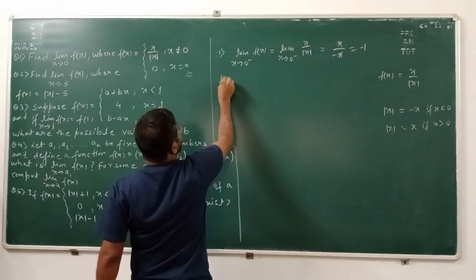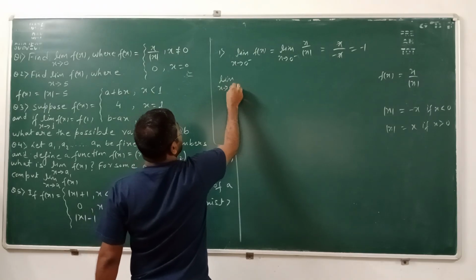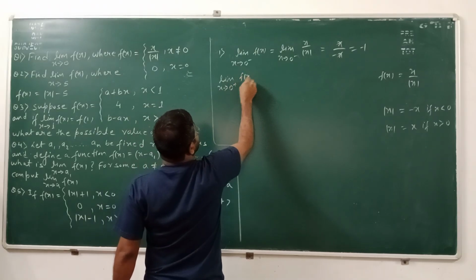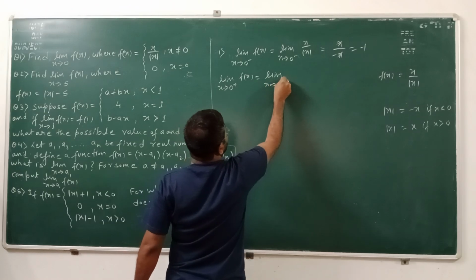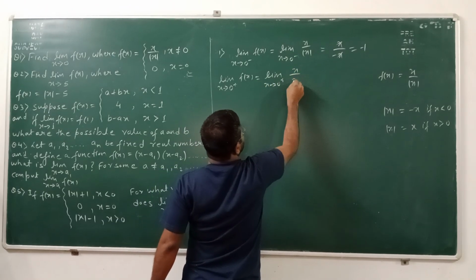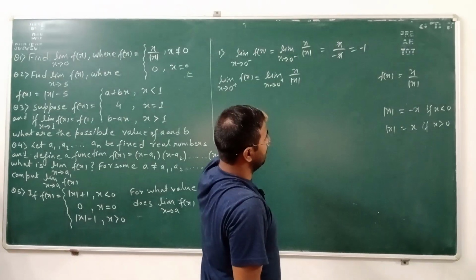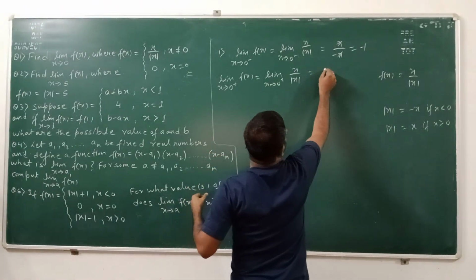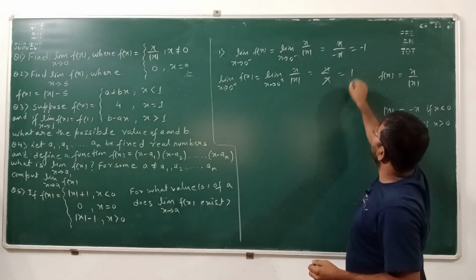Okay, now we will find limit x tends to 0 positive f(x), which is equal to limit x tends to 0 positive x upon mod of x. Now when x is greater than 0, x upon x will come, then x cancels each other, and 1 will come.